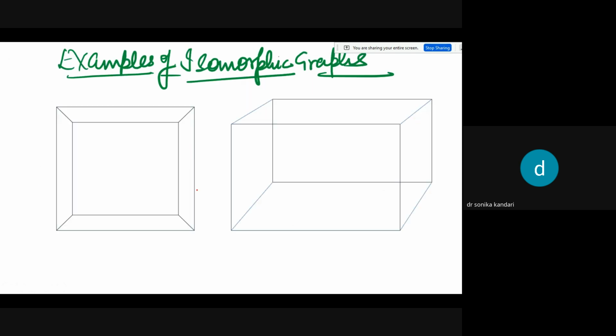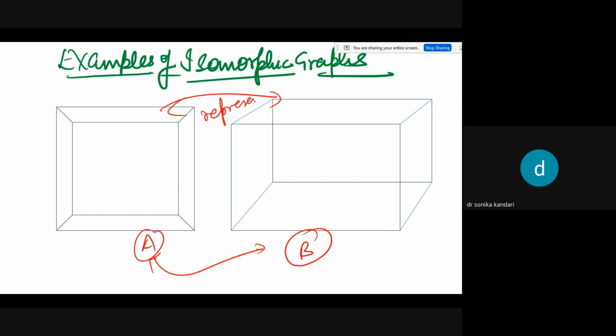Can you tell whether A and B are isomorphic or not? Yes, they are isomorphic, but the way of representation varies. Count the number of vertices: 1, 2, 3, 4, 5, 6, 7, 8. And in B, 1, 2, 3, 4, 5, 6, 7, 8.